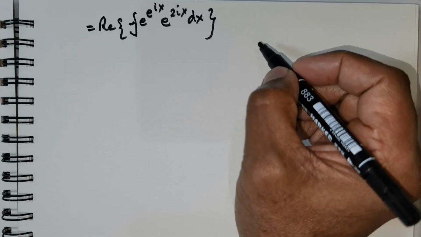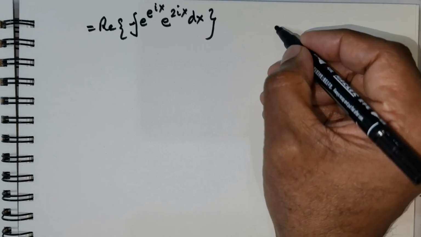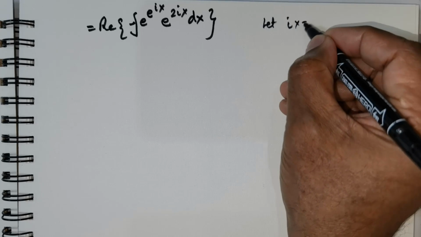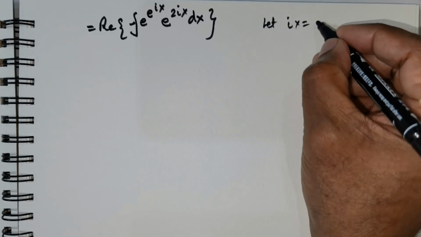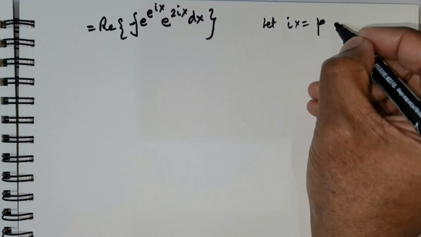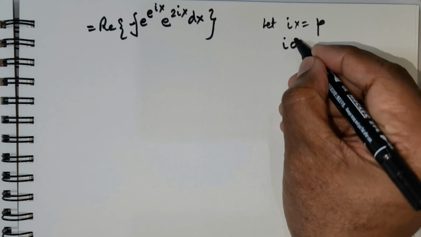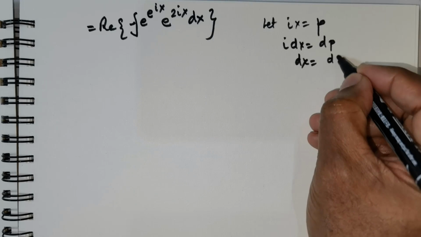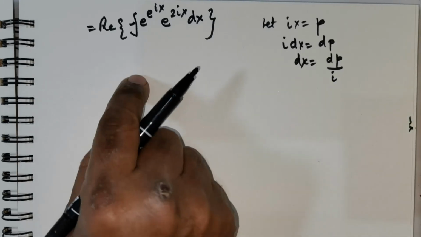So foremost, I would like to make a small substitution. Let ix be equal to, let me take it as some p. So i times dx is equal to dp. So dx is equal to dp over i.